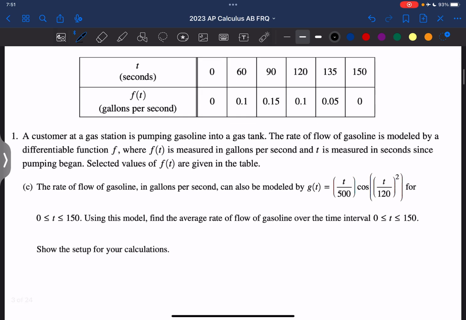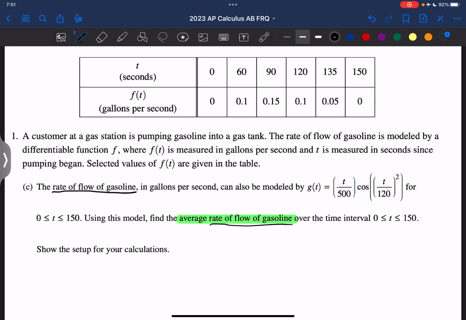Part C. The rate of flow of gasoline can be modeled by this function g of t. Using this model, find the average rate of flow of gasoline. Now, this function right here gives us the rate of flow of gasoline, and we want the average rate of flow of gasoline.